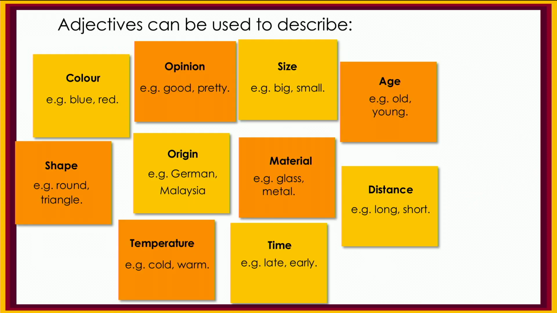Adjectives can be used to describe colors like blue and red, opinion like good and pretty, size, big or small, age, old or young, distance, long or short, materials like glass and metal, origin like German and Malaysian, shape, round and triangle, temperature, cold and warm, and time, late or early.